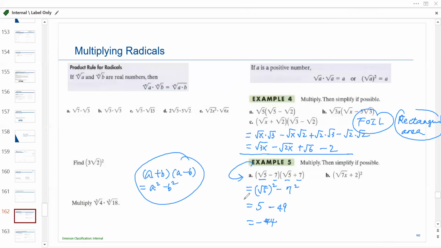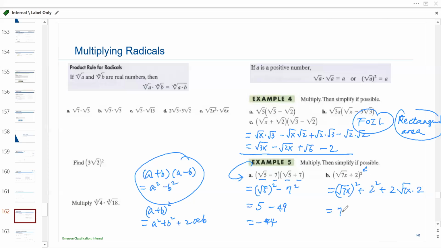Right? So we use the same method as we learned for multiplying polynomials. What about this part? Something squared. You definitely remember this part, right? A squared plus B squared plus 2AB. Same here: first squared, second squared, plus 2AB.